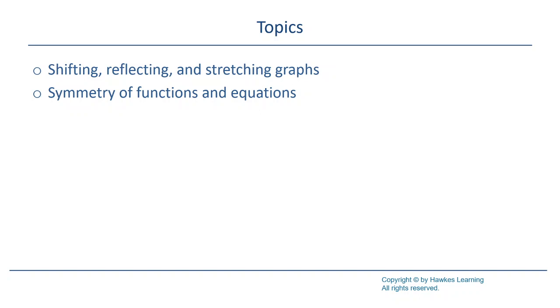I kind of unintentionally used it in 3.3 again, where I said, well, I know that if I square a number, it's always going to be positive, so it didn't matter if I did 2 squared or negative 2 squared, I still got 4. That was kind of using symmetry without flat out saying, by symmetry, I know this is true.